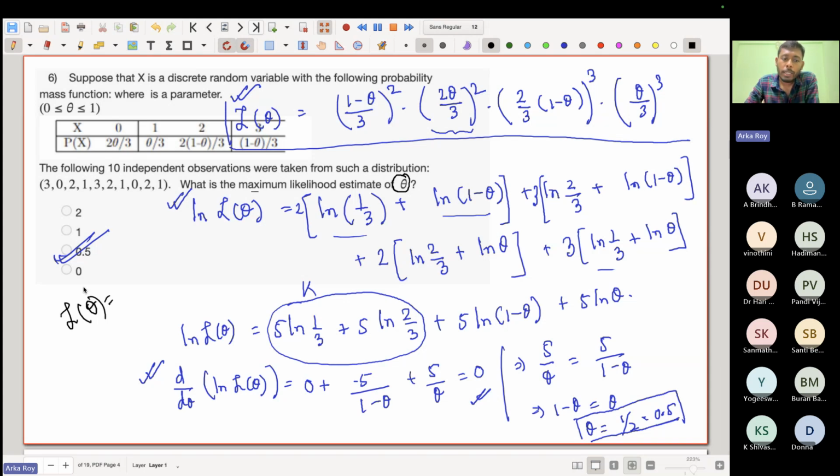And how are we calculating L theta? We are considering that all of them are coming from IID, that is independent and identical distribution. So that means all of the probability values would be multiplicative in nature. And that is why i equals 1 to, let's say, 10. So over here we had 10 such points. So therefore i equals 1 to 10.